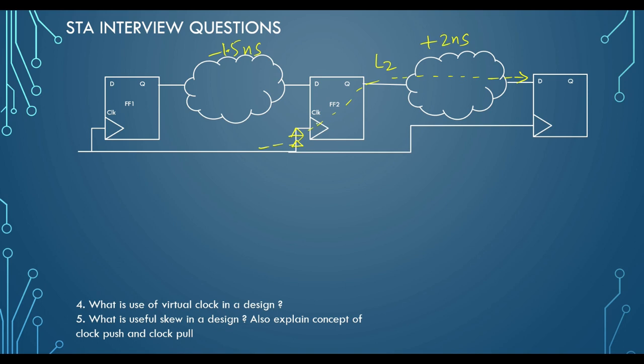Let's say you have inserted two buffers of delay 1 ns each, so you have actually pushed the data path. If the data path delay is already 1 ns, you have made that 1 ns effectively 3 ns. So the slack will reduce by 2 ns by which you are pushing the data.